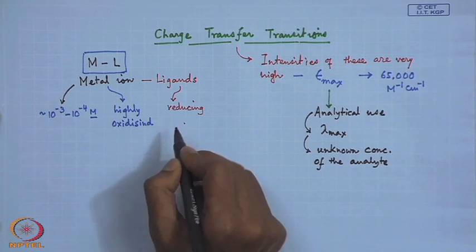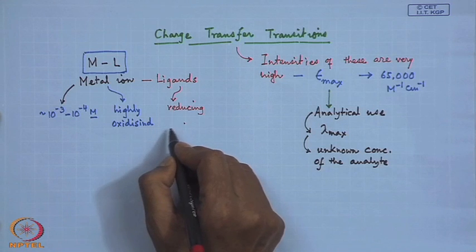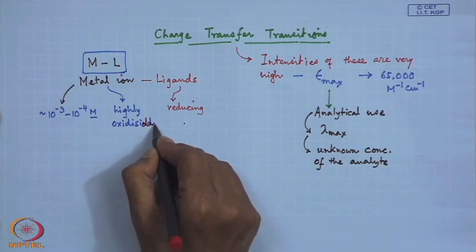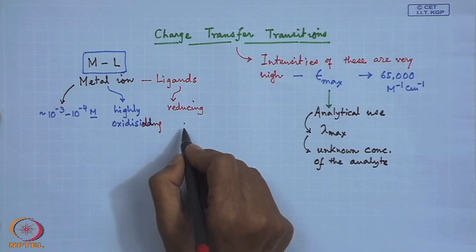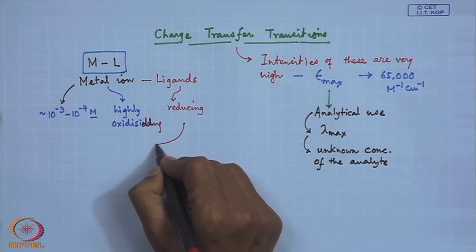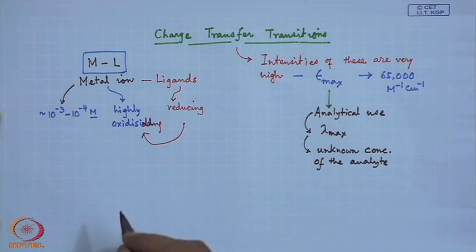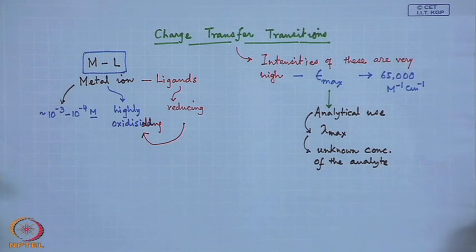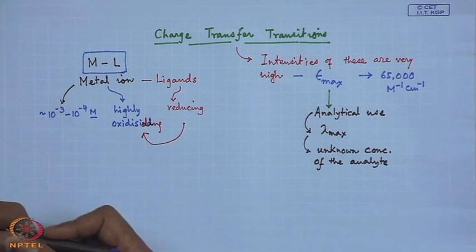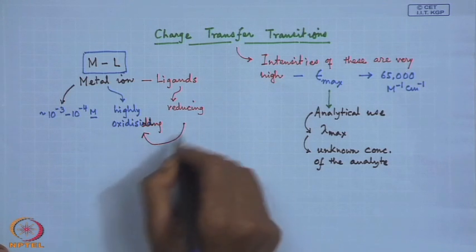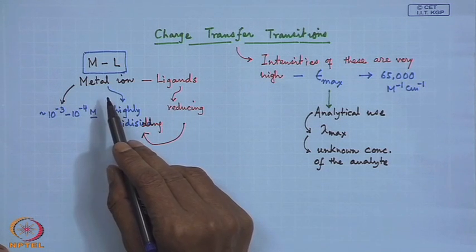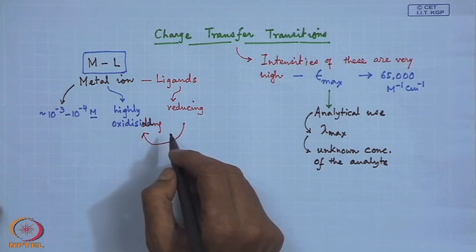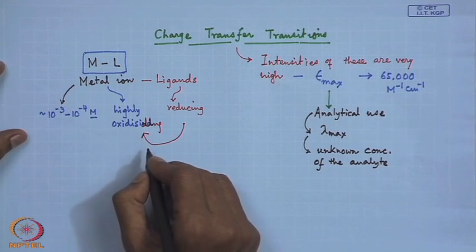So, in this particular case, where the metal is highly oxidizing, the transfer of charge can take place from the ligand side to the metal side. In this direction only, ligand to metal charge transfer can take place, and we will categorize it as one particular type of charge transfer.